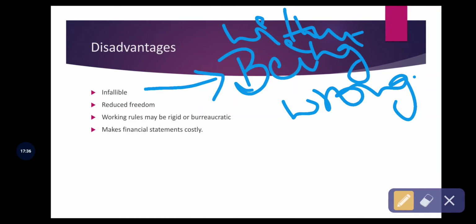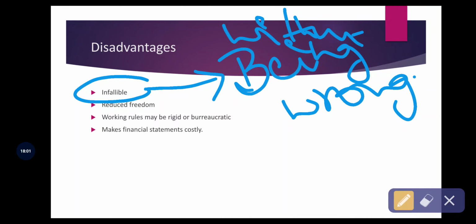Here the users of financial statements usually think that whatever statements are prepared by following the accounting standards are without any mistakes, so we are getting fair and true information.